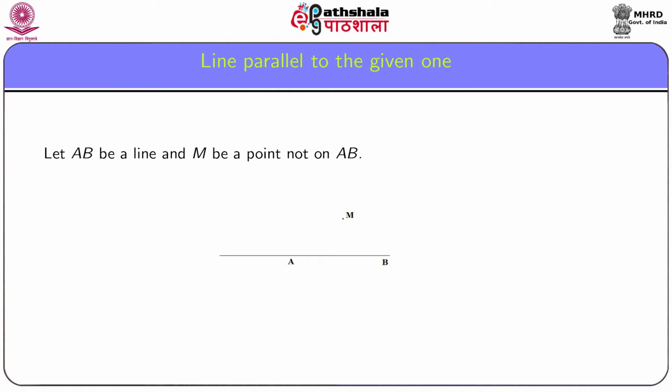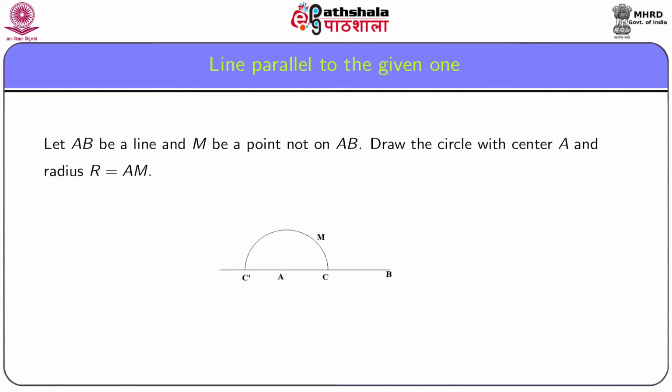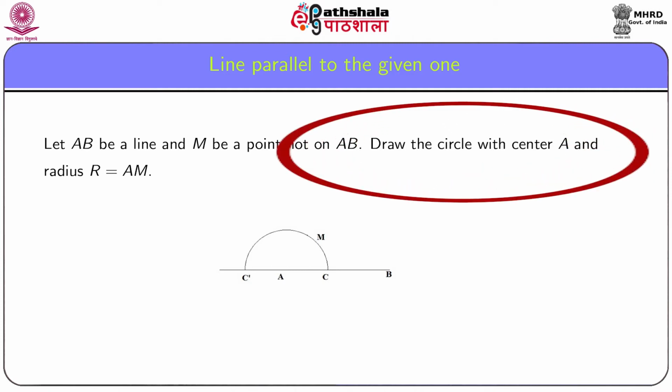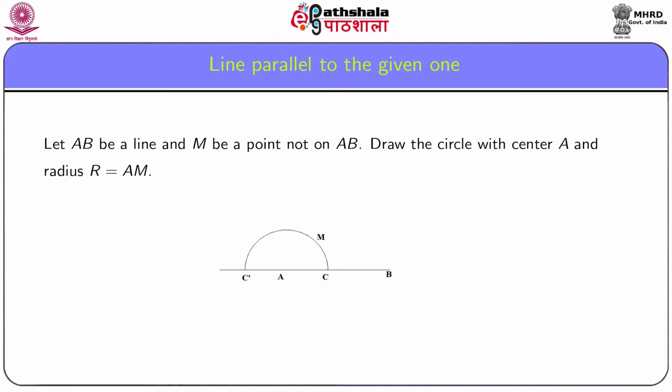Finally, I will demonstrate a method for constructing a line which is parallel to the given one and passes through a point M not on AB. First, draw the circle with center A and radius AM.